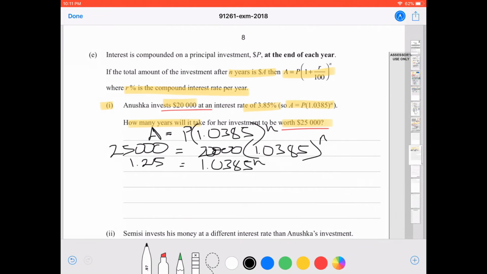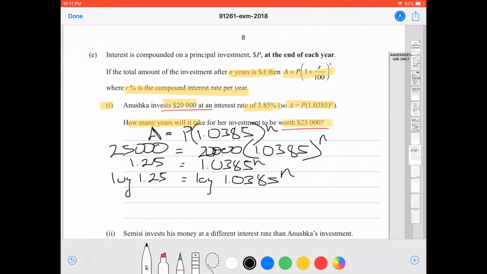Now we have to use logs here. Let's even write it out: we're going to take log of both sides, so log 1.25 equals log of 1.0385 to the power of n.